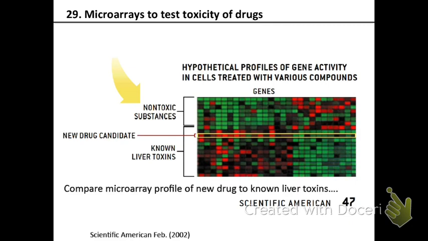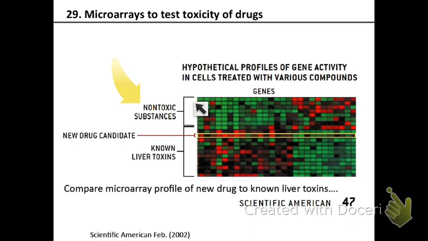And you can test that before you go on, right? So what you do in this case is you do a microarray, you grow your cells, and then you put a different type of drug in each dish, okay? And then you collect these cells that were being subjected to different drugs.